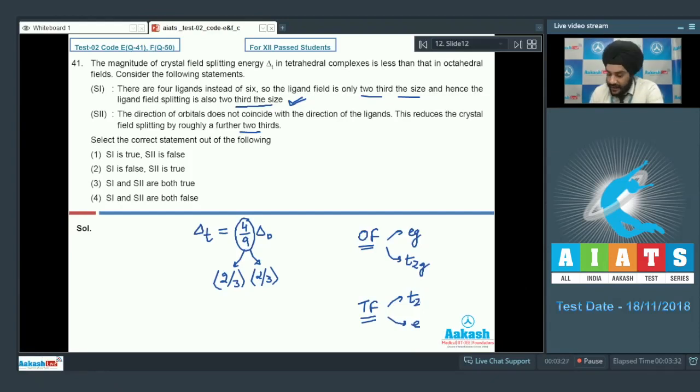But still, since the T2 orbitals do not directly face the incoming ligand, the splitting in this case is less, which leads to a crystal field splitting of roughly 2/3 of that in the octahedral field. So students, the second statement is also correct, and we have to mark option 3 as the correct answer to our question. Let us look at question number 42.